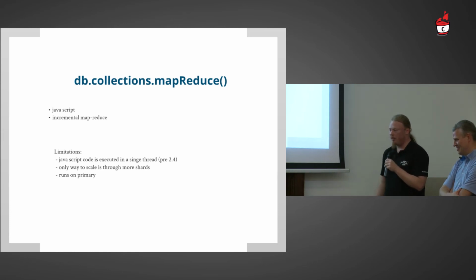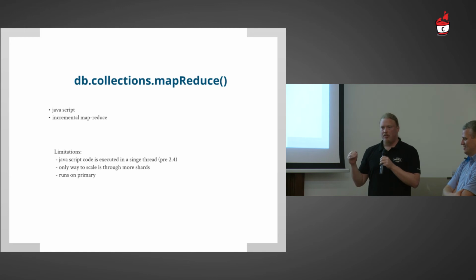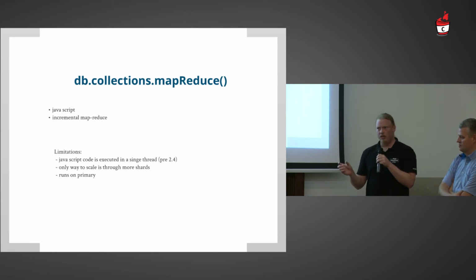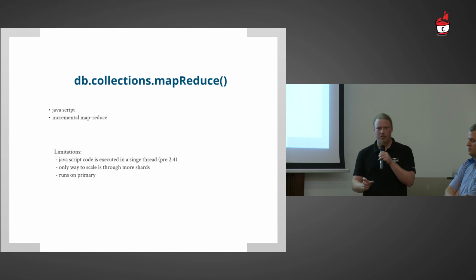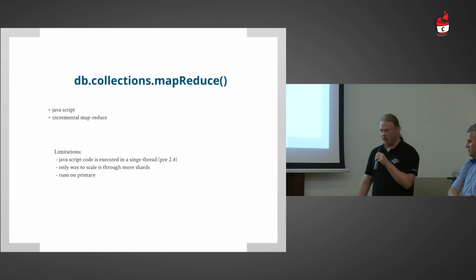The problem here is that the JavaScript code, at least in MongoDB 2.0, was executed in a single thread. This was mainly caused by the JavaScript engine they were using, the one from Mozilla. With 2.4, they have switched to the one from Google, V8, I think it's called, and so it now scales. But back then, yeah, single thread.